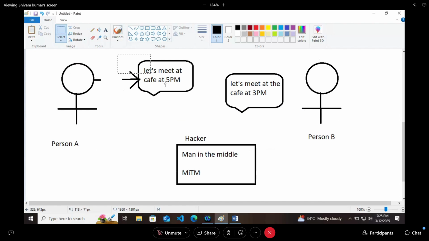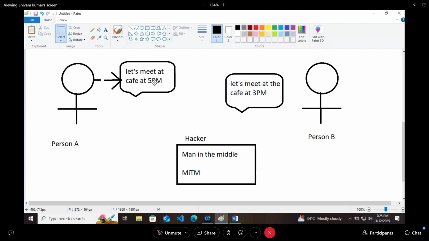Then how is the message written? So there is some format change. This is a plain text.